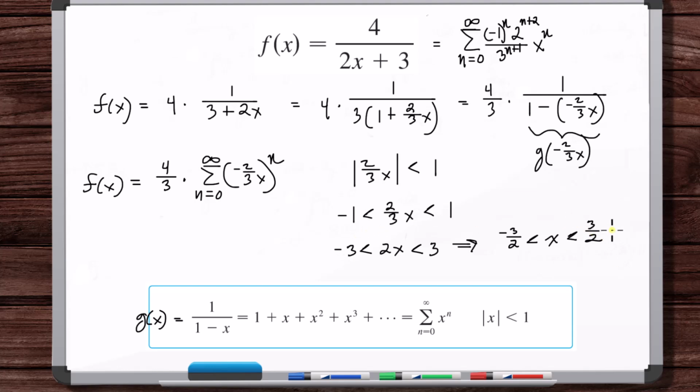So there's the interval, but we need to test the endpoints. When x is 3/2, we've got minus 1 to the n. That's going to diverge. You're just oscillating 4/3, minus 4/3.